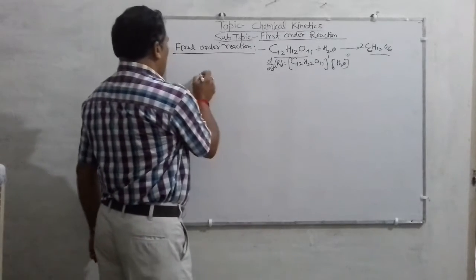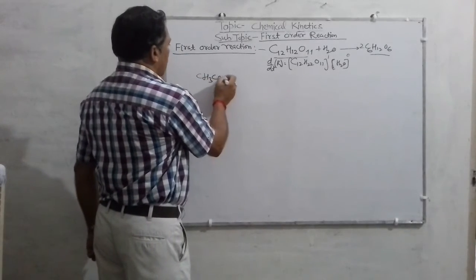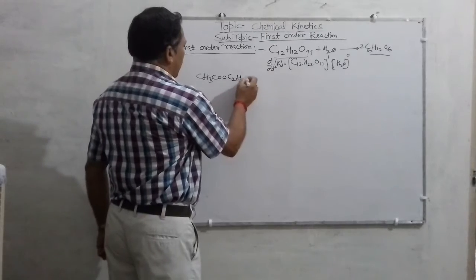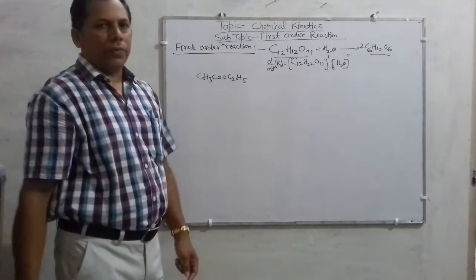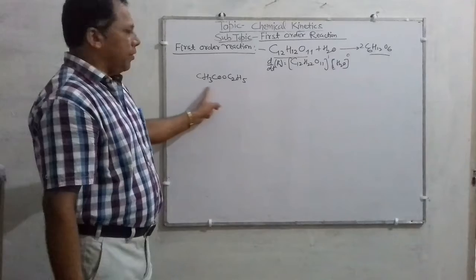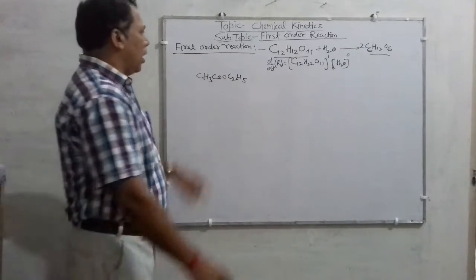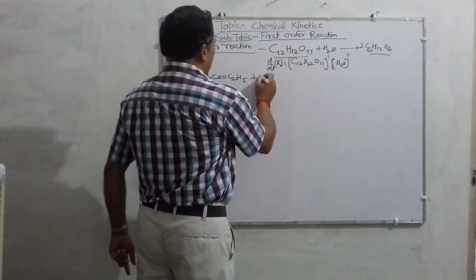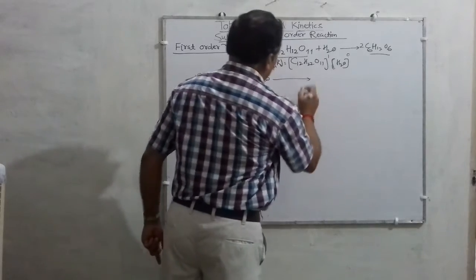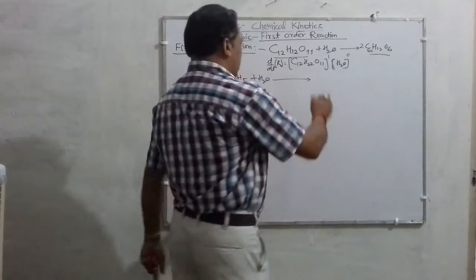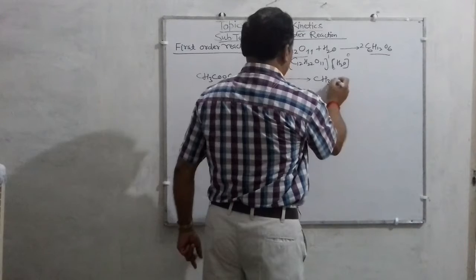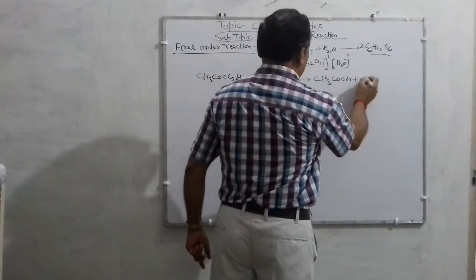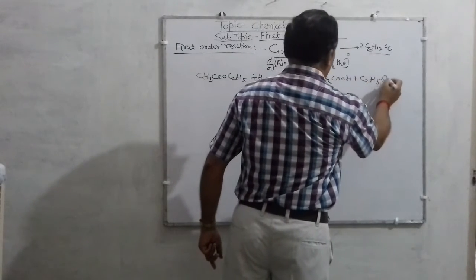Similarly, another example: you have heard of the compound CH3COOC2H5, which is ethyl acetate, also called ethyl ethanoate. When it is hydrolyzed, it forms ethanoic acid, that is acetic acid, and ethanol.